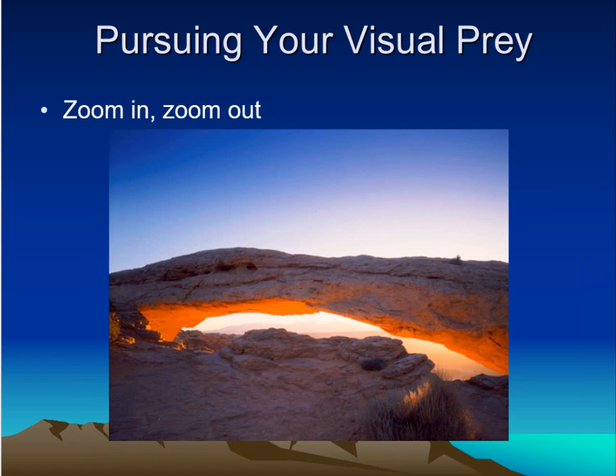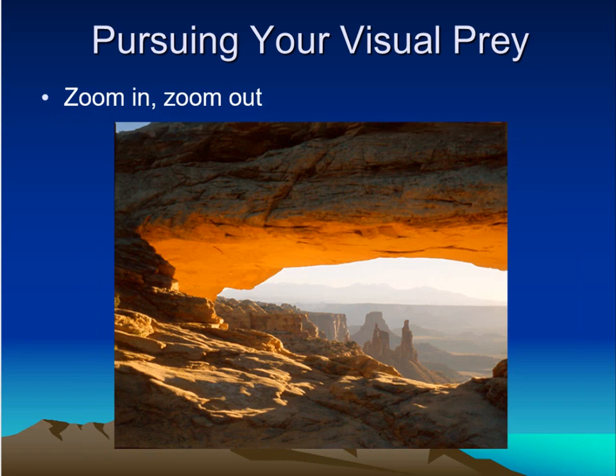Also, consider zooming in and zooming out. Here is Mesa Arch in Utah, and here is Mesa Arch in Utah as well when I zoomed in. And again, this is a very popular location. When I first went here, there wasn't a soul. And now if you go down there just about any time of the year, you're going to be standing shoulder to shoulder with other photographers all wanting the same shots.